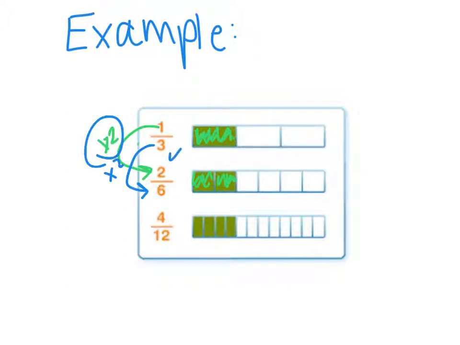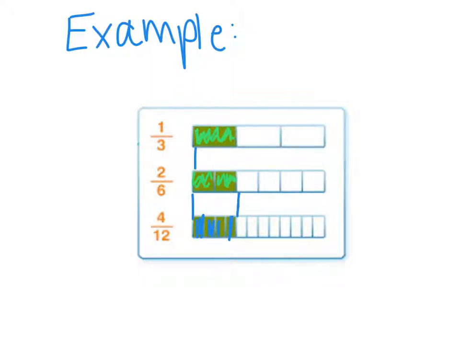If you take a look at the next example, 4/12, once again we can prove that 4/12 is equal to 1/3. First of all, our rectangular model is the same length, split into 12 different parts, and 4 out of those 12 parts match up with our 1/3 shaded and our 2/6 shaded.